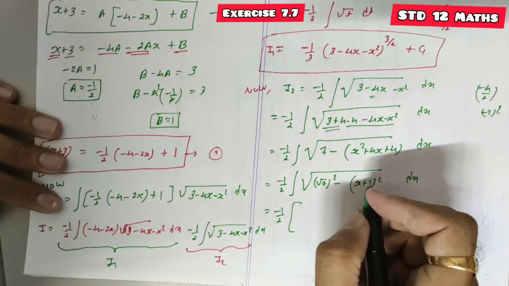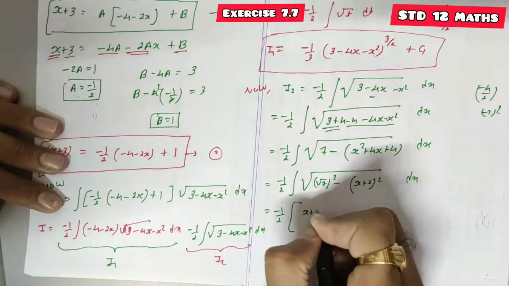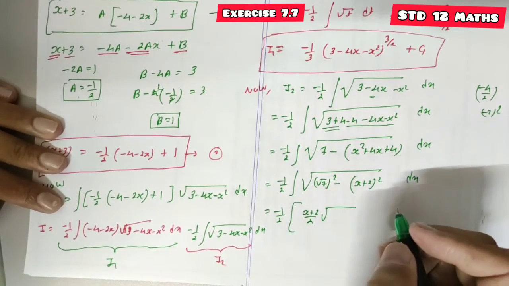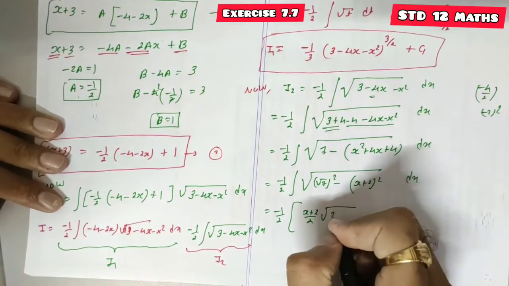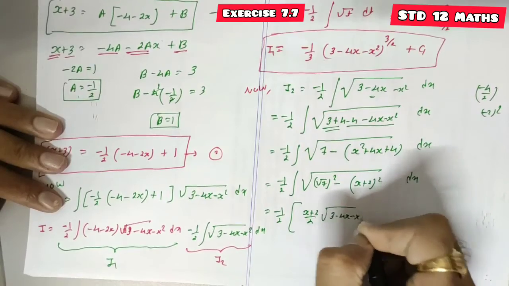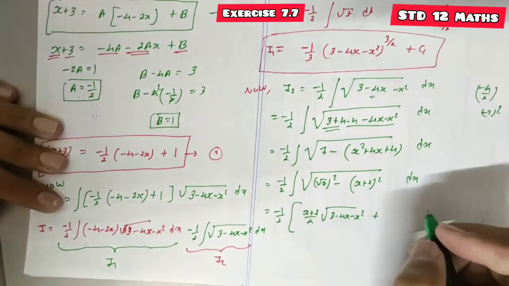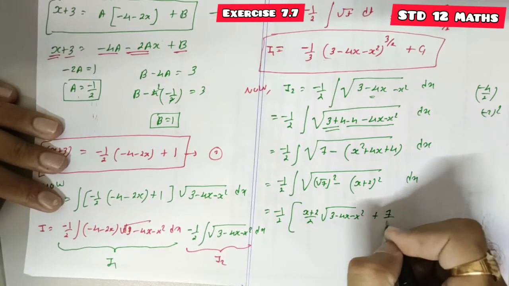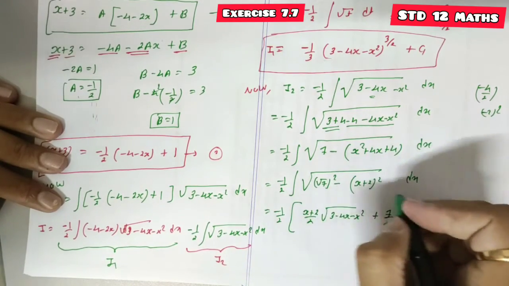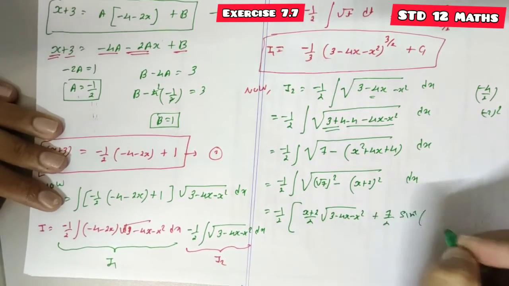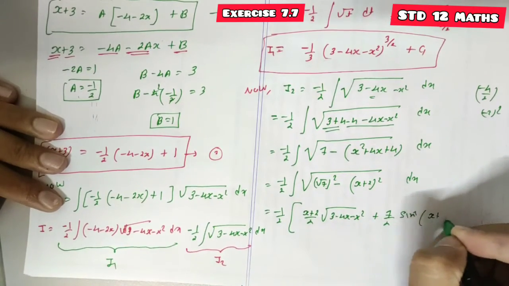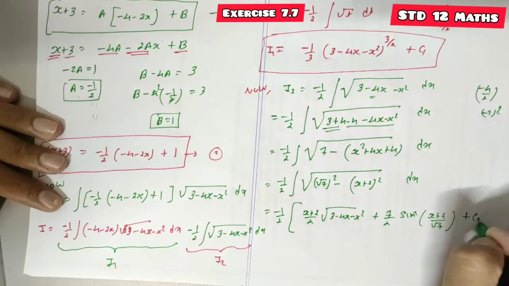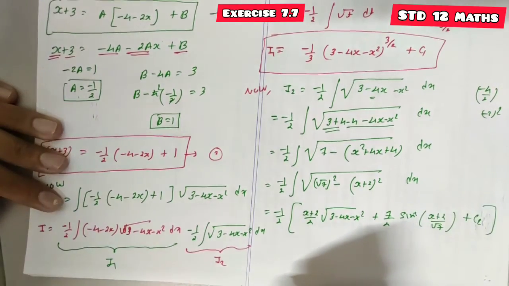So it's a x plus 2 by 2 into given square root, which is 3 minus 4x minus x square plus a square by 2. A square is 7. So it's a 7 by 2 sine inverse x by a. It's a x plus 2 by root 7 plus constant c2.